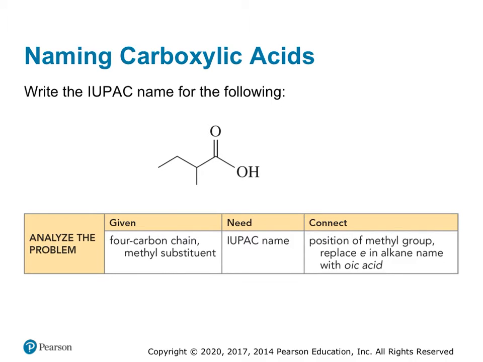So looking at this carboxylic acid, we're going to see what we've got going on here. If I look, I see I have 4 carbons, 1, 2, 3, 4 carbons. I have a methyl group substituent, and then here's my carboxylic acid.